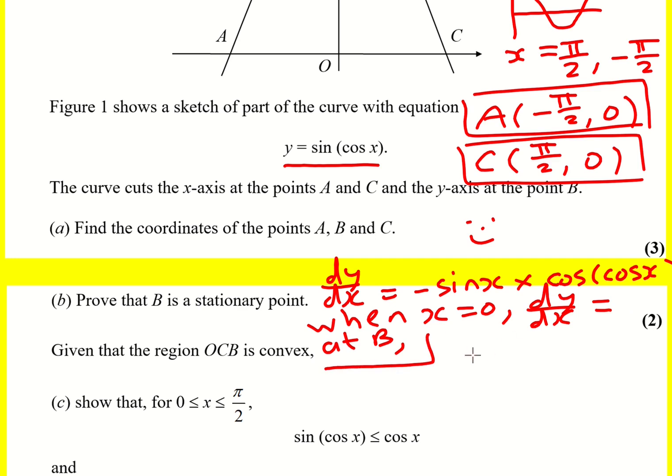It's going to be minus sine 0 times cos of 0. Cos of 0 is just 1, but this is going to be 0. And therefore, I think that's enough. Therefore, b is a stationary point.